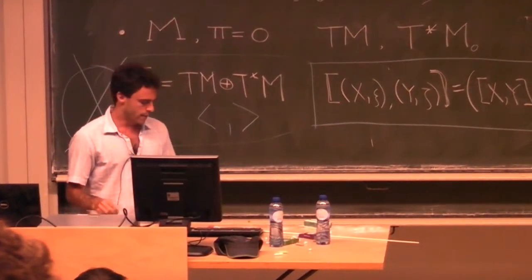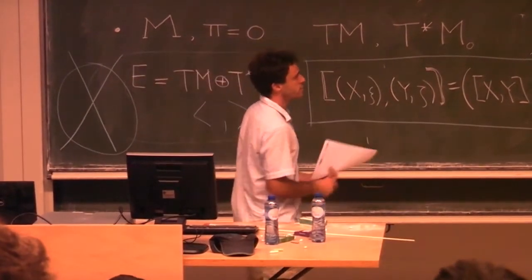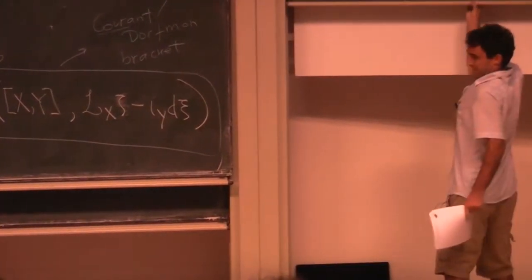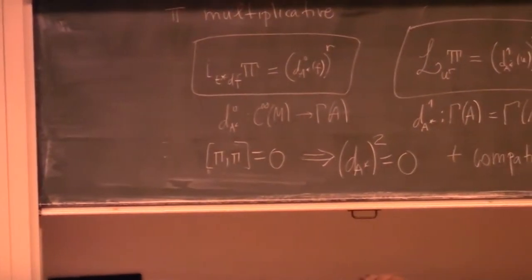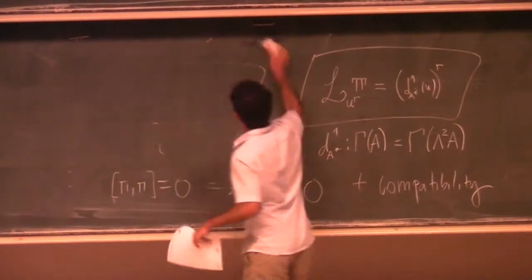So in particular, if you're looking for Manin pairs, or Manin triples, I'm sorry. So if you're looking for Manin triples, you need pairs of transversal Dirac structures.